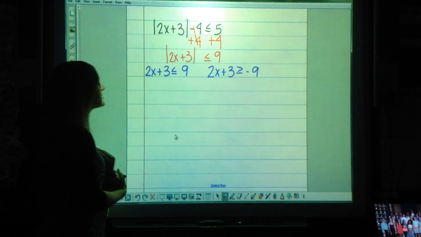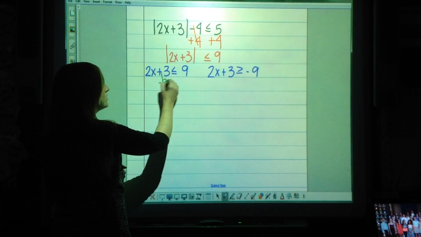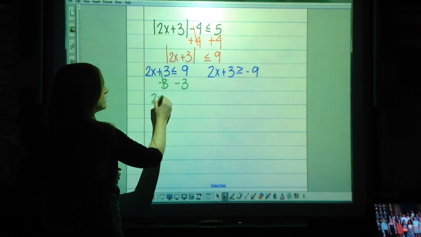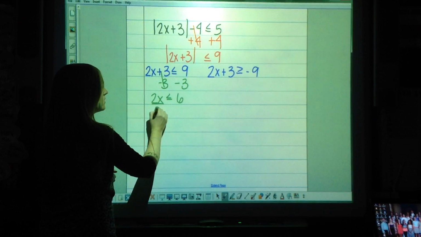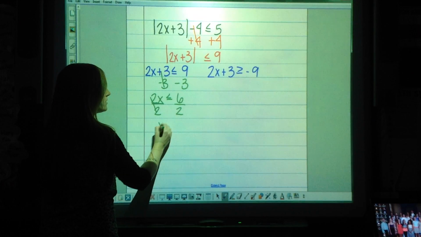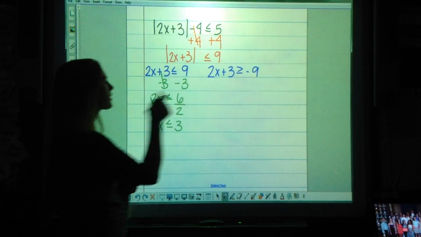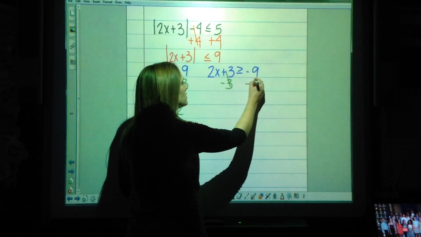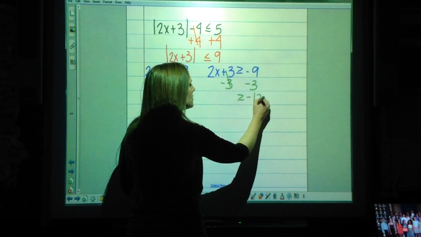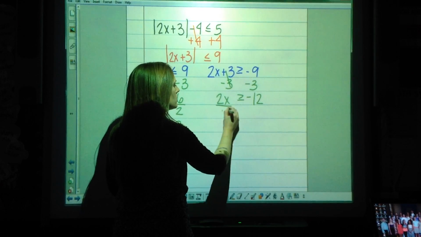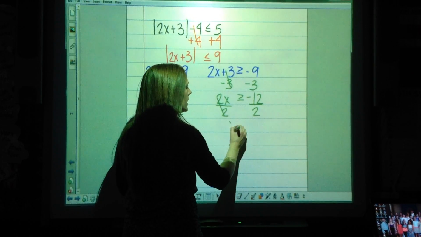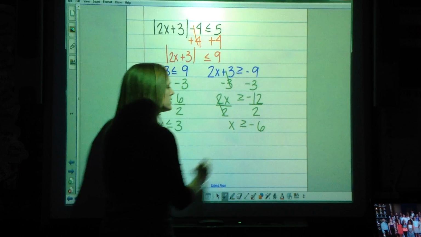I'm going to solve both sides. x is less than or equal to 3. x is greater than or equal to negative 6.